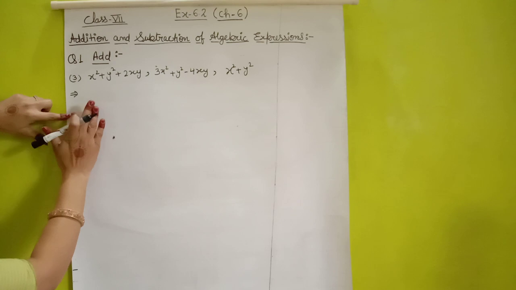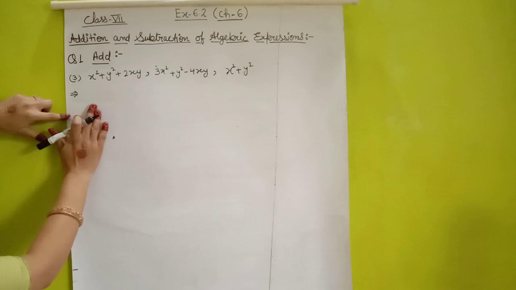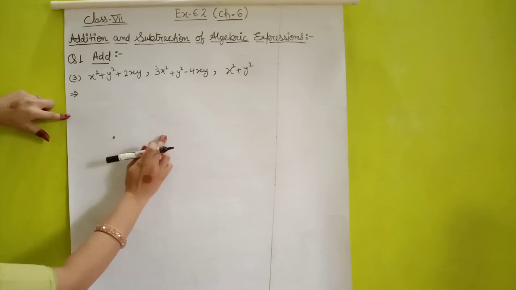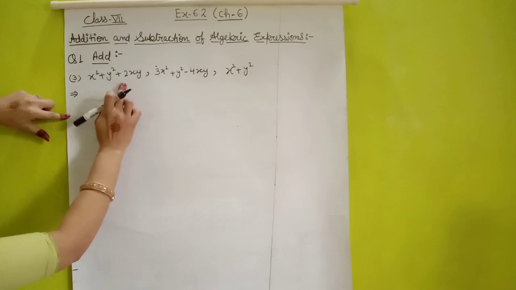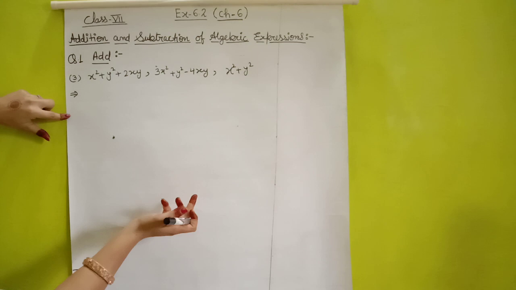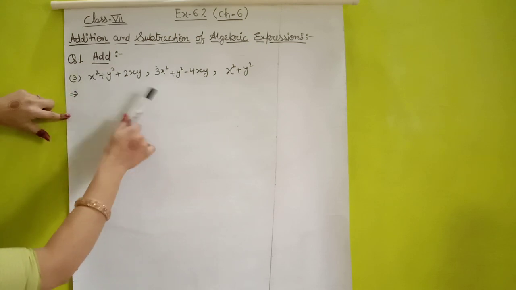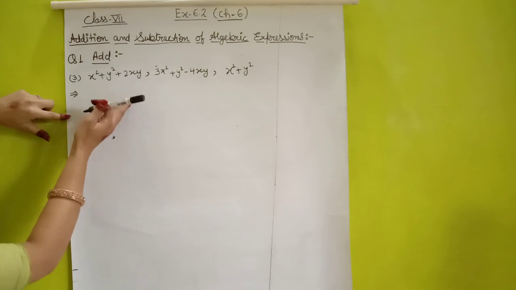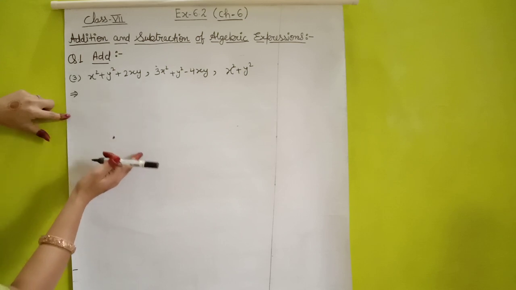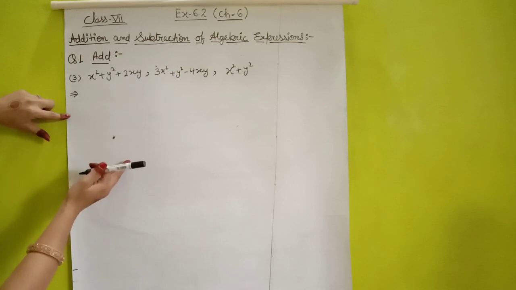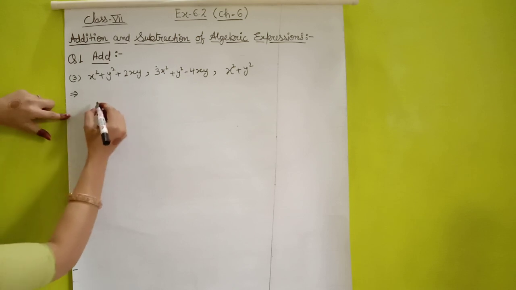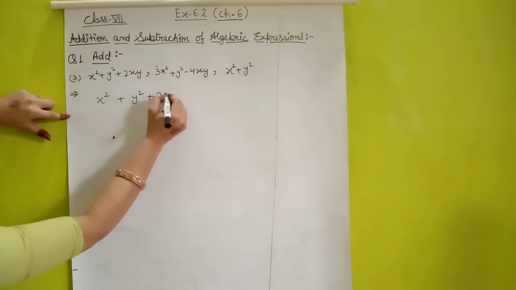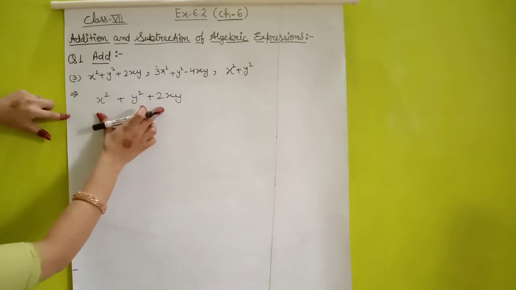So here we will use the column method. Column method means we will arrange in column form. First of all, I will write this, then this one, then this one. Because in addition, any number you can write bigger number upside, smaller number downside, or smaller number upside, bigger number downside. Doesn't matter. So I am taking here x square plus y square plus 2xy. This is one expression.